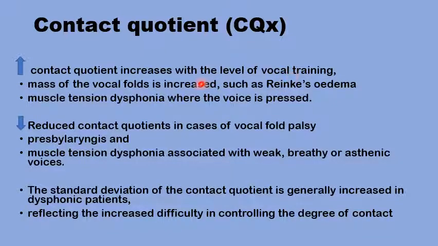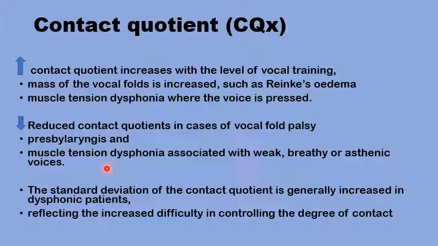It can also increase in some pathologies affecting the vocal folds, like larynx edema, for example, and in some muscle tension dysphonias when the voice is pressed. On the other hand, the contact quotient would be reduced if there is reduced contact between the vocal folds, as in vocal fold palsy or in presbylaryngeus, or in some muscle tension dysphonias associated with weak and breathy voice.